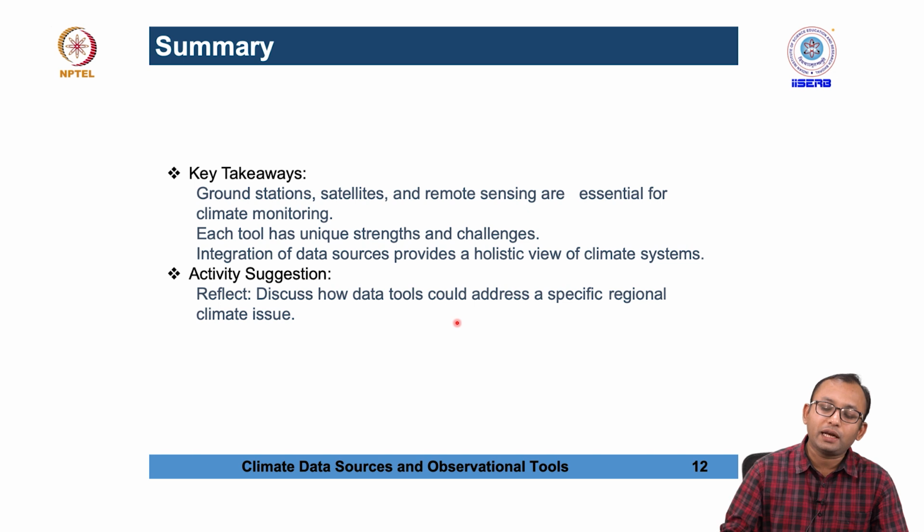Based on today's class, maybe you can look at some of these tools which we have covered in this lecture, and look at some specific regional climate issues in your region.